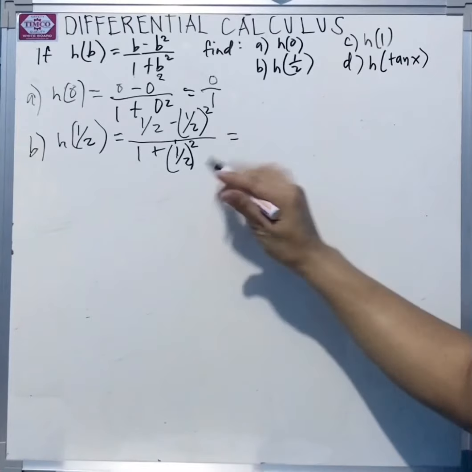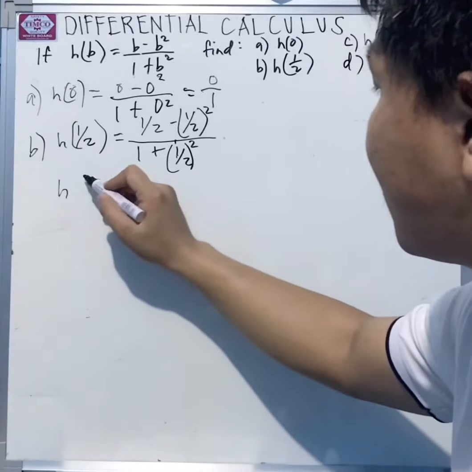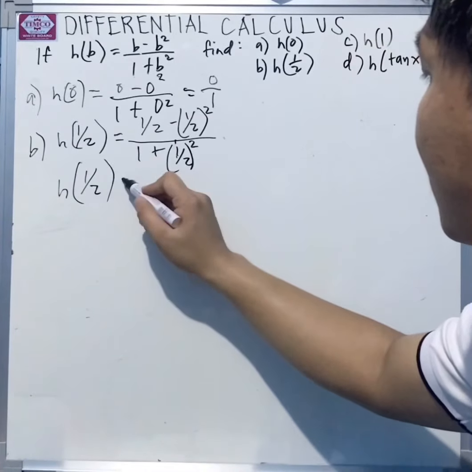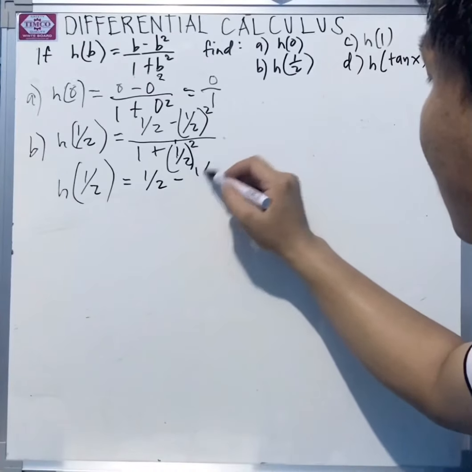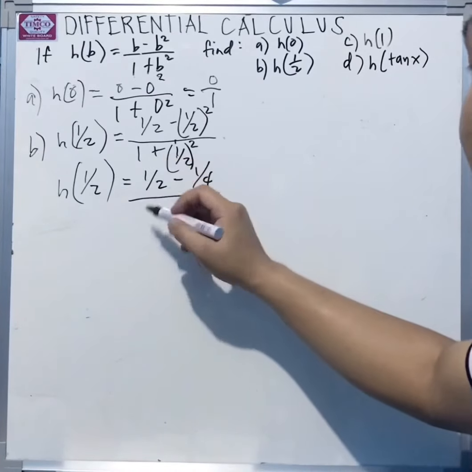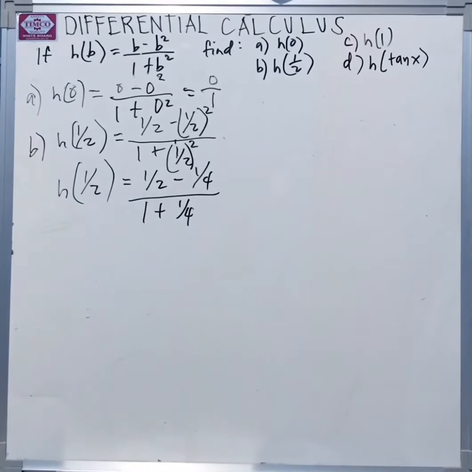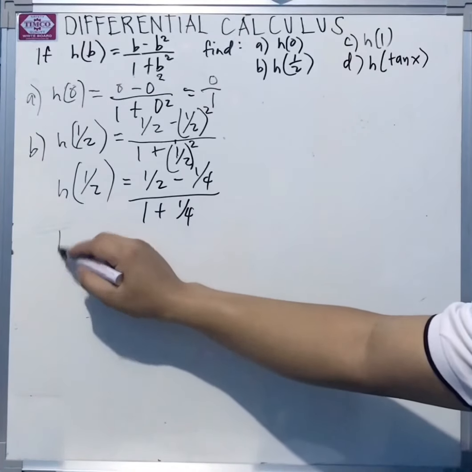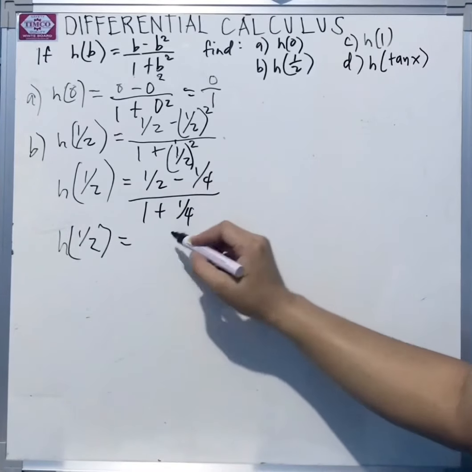So, h of 1 half is equal to 1 half minus 1/4 over 1 plus 1/4. 1 half minus 1/4 is 1/4.